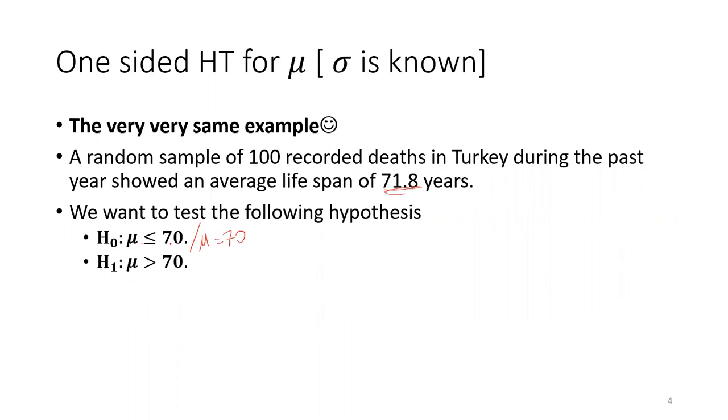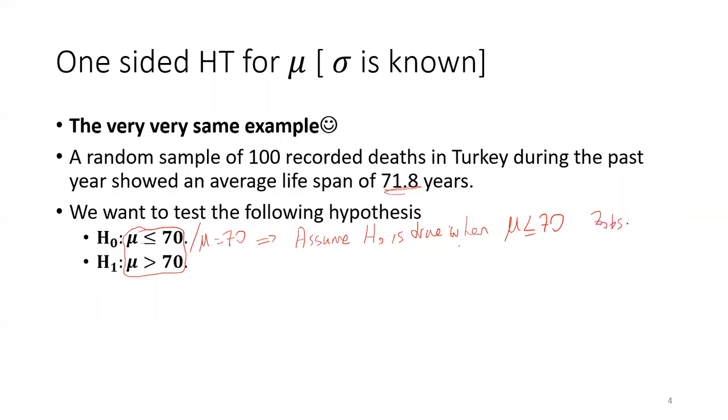In fact, the real notation is this. However, remember, when you apply the hypothesis test, we apply it by assuming that H0 is true. When H0 is mu smaller than or equal to 70, it is hard to find the value of mu to use in z observed.